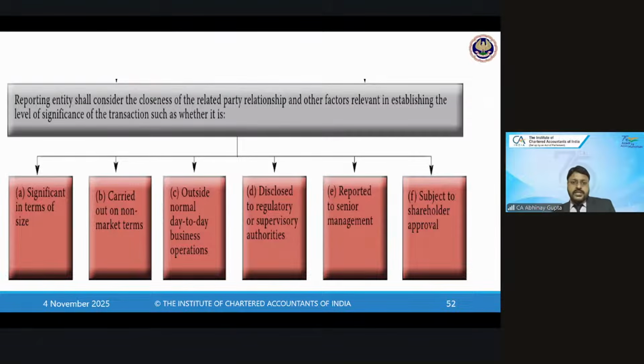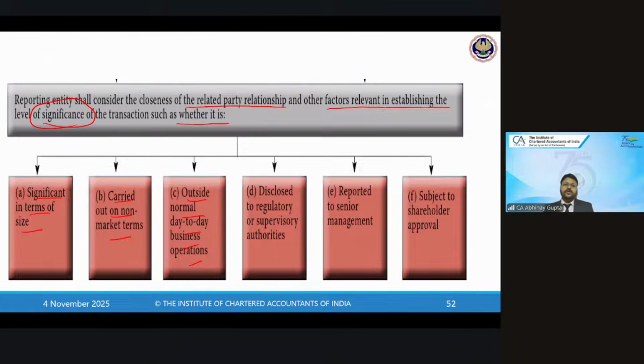So the reporting entity shall consider the closeness of the related party relationship and other factors relevant in establishing the level of significance of the transaction, such as whether it is significant in terms of size, that is the amount, carried at non-market terms, outside the normal day-to-day business operations.